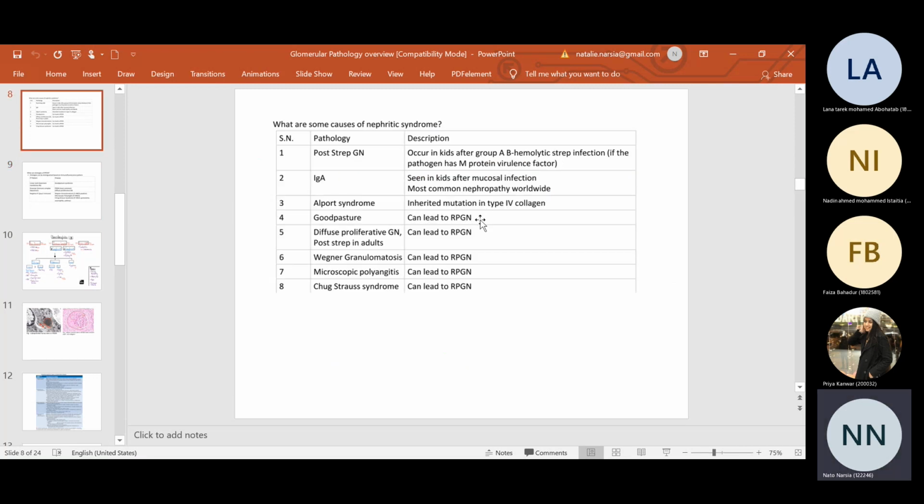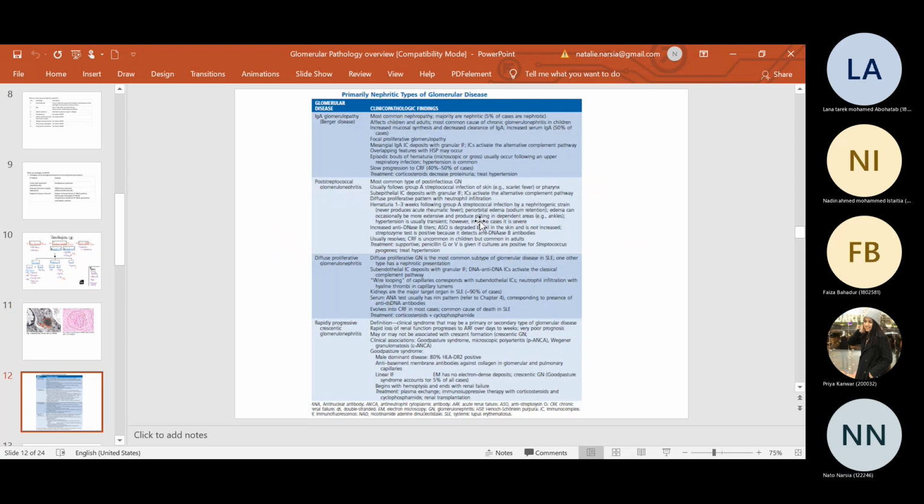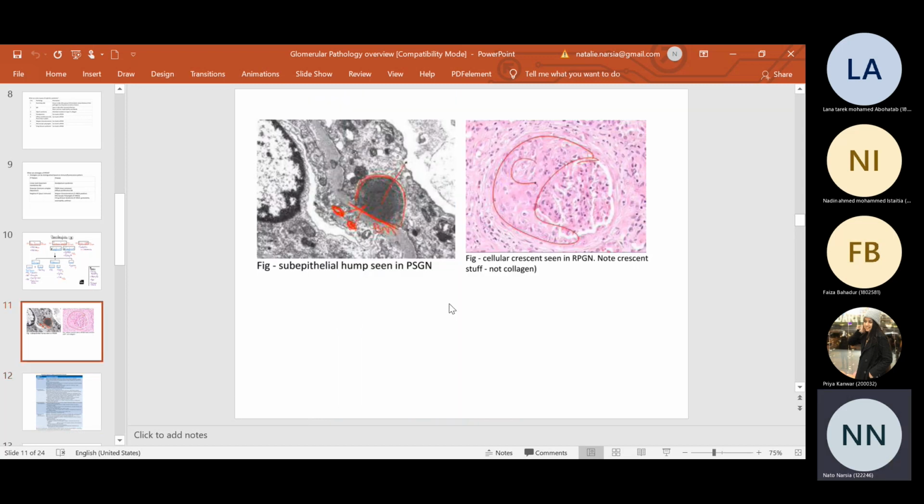M protein is mentioned here. It is from Goljan, you will read. And when I'm talking about hump, guys, please pay attention to where these immune complexes deposit. Subepithelial hump, you should find.